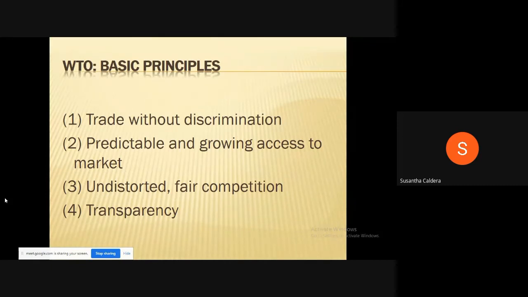Trade without discrimination. I don't know whether this is happening; this is up to you to critically analyze. At least when you know this, you can see some examples of whether it's happening. Predictable and growing access to markets, undistorted fair competition, and transparency. So those are the WTO basic principles.